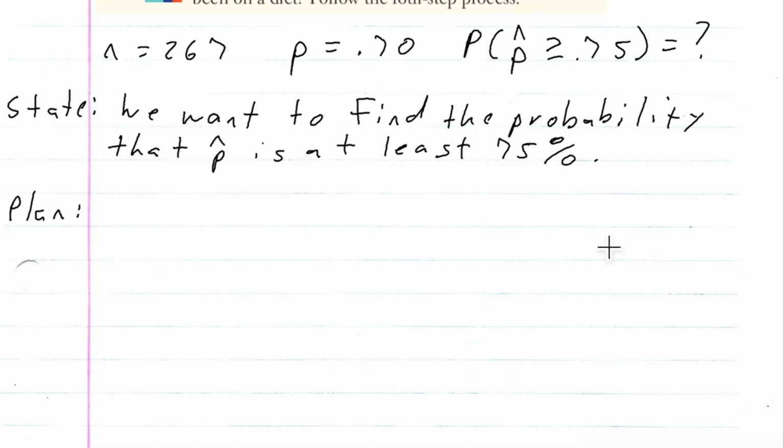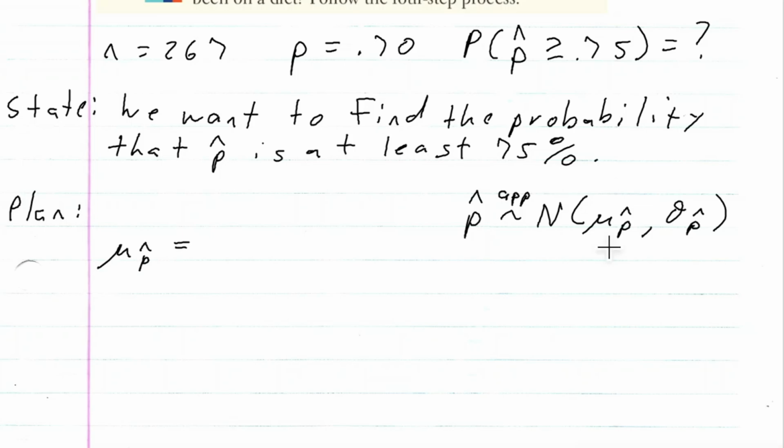So we're trying to show that p hat is approximately normal with a mean and a standard deviation. For the mean of p hat, that just happens to be the population proportion, right? So the mu of p hat is just the population proportion, and that is 0.7.